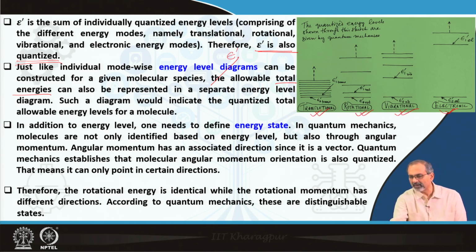And how will that be formed? It will basically be formed by combining the contributions coming from translational, rotational, vibrational and electronic, and therefore, there will be a separate quantized energy level diagram representing epsilon dash. In addition to energy level, one needs to define energy state.